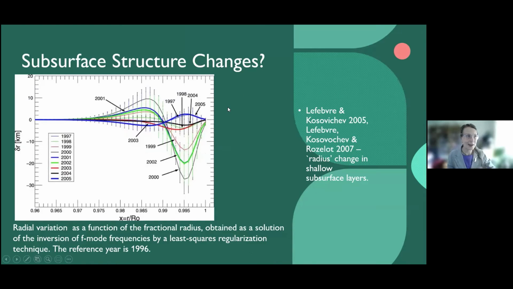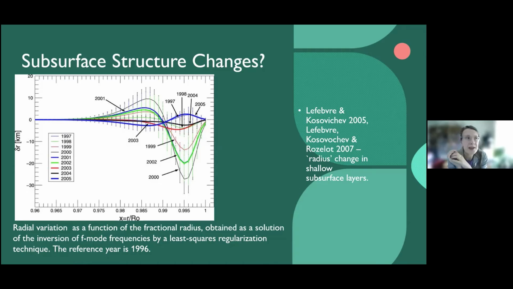Now, take a little breath here. That plot may look rather similar to the other plots I've just been showing you, but it's completely different. If you look at the axis, we're now plotting a change in a quantity called the acoustic radius as a function of the fractional radius in the Sun.